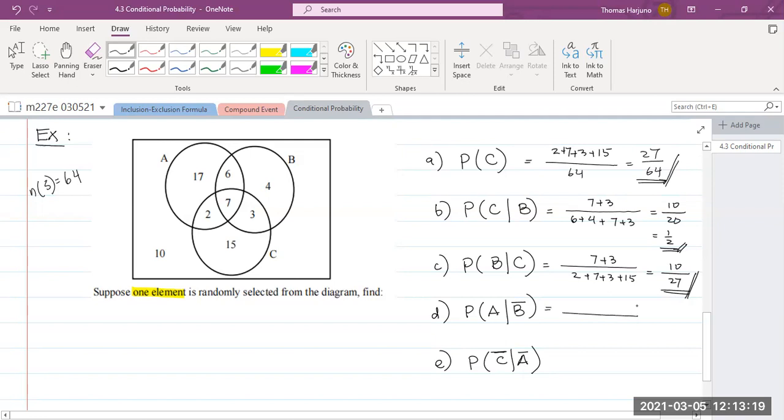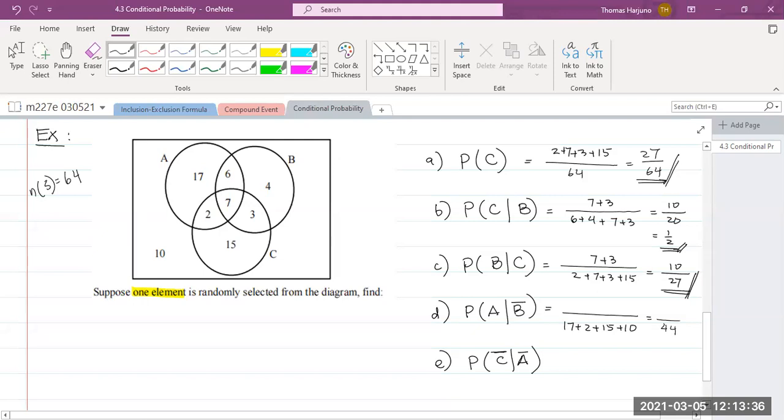How about the probability of not B, outside of B? Outside of B is 17 plus 2 plus 15 plus 10. How many are there? 34, 44.